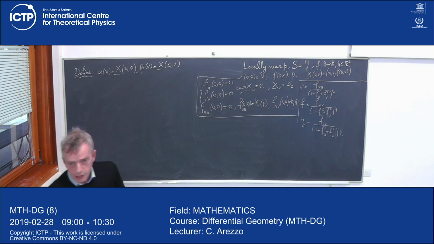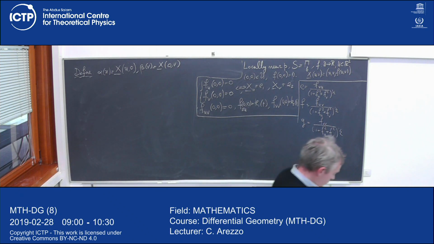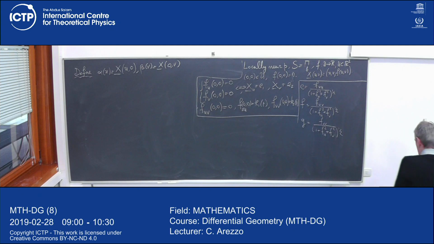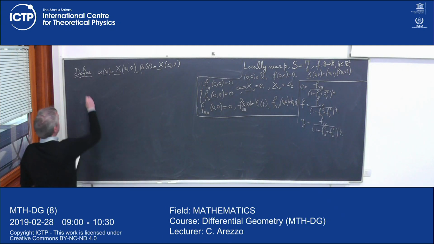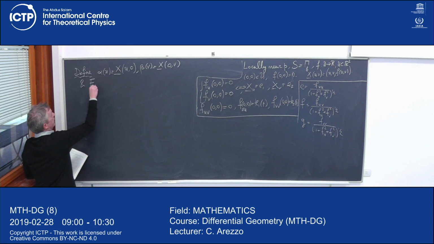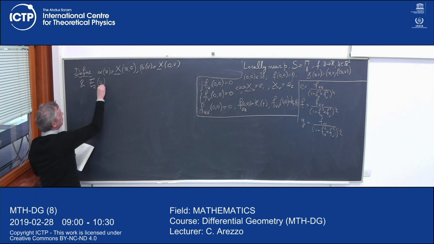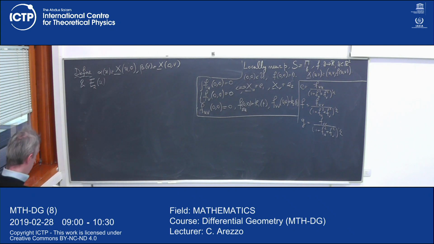Okay, so these are kind of the image of the two axes, but now on the surface. But along these curves, I want to define these two vector fields that I will call E1 and E2. E2 will be a function of u, and E1 will be a function of v.